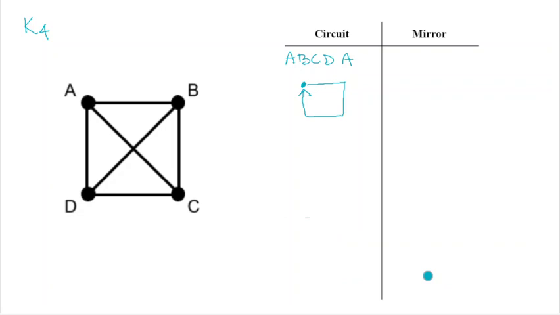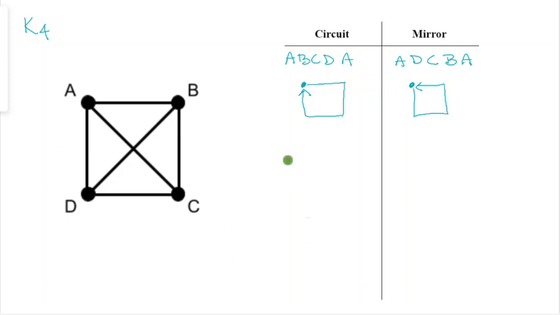Now let's list out all possible circuits that start at A. We have this circuit. We also have its mirror image, meaning we could go the other direction around the square. We could go A, D, C, B, A. Well, so far, these are 2 distinct circuits.